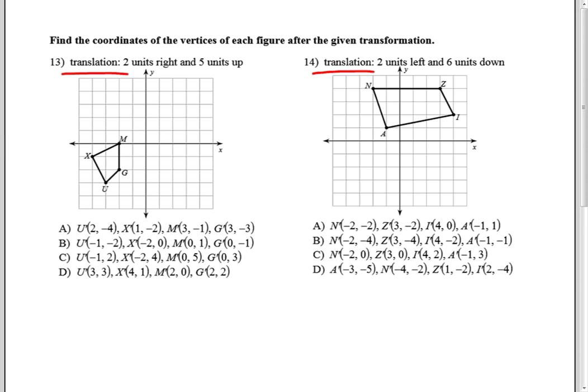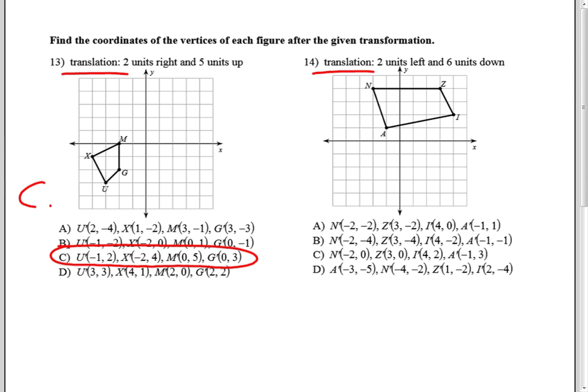You volunteered, you see. C and what? Let's see. If I do A, -2, -2, 3, -2, 4, 0, -1, 1. If I do A, that would be a reflection.